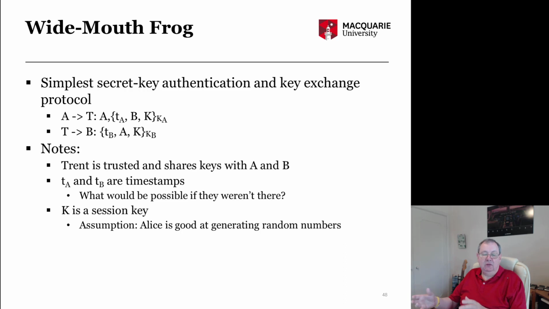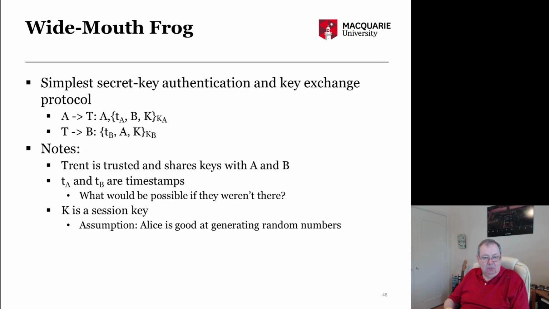Now that effectively is Alice saying to Trent, I'm going to want to talk to Bob, to B. Okay? And here's a timestamp. And here's the name of the person I'm going to talk to, and here's the key that I want to use to talk backwards and forwards. So she trusts Trent to relay this. Now Trent can't do anything, nor can anybody else, unless he knows Alice's key, which he does.